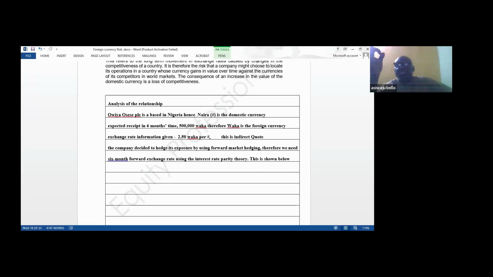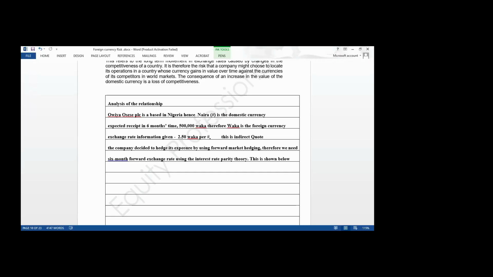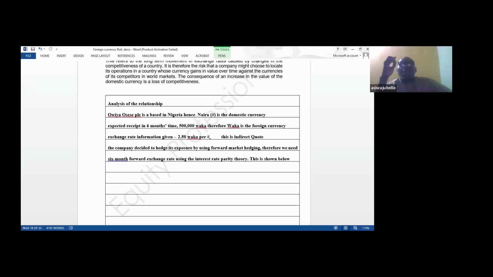What kind of quotation is this? It is the number of units of foreign currency, 2.5 units, that can exchange for one domestic currency. This is an indirect quotation.